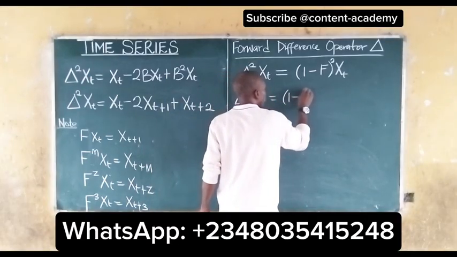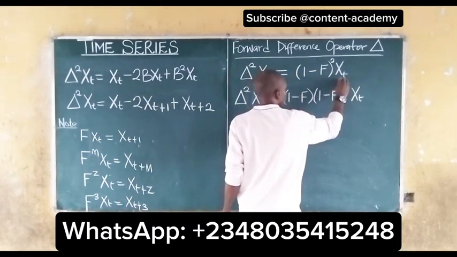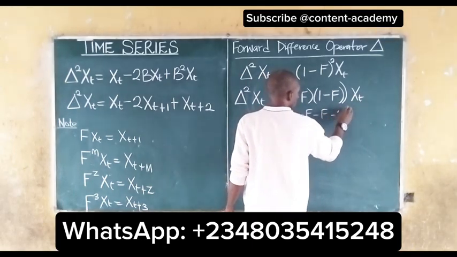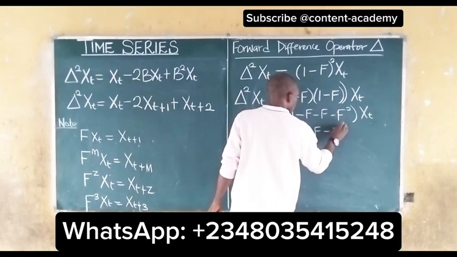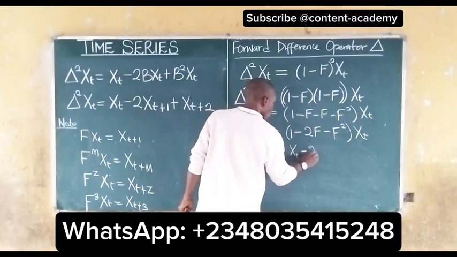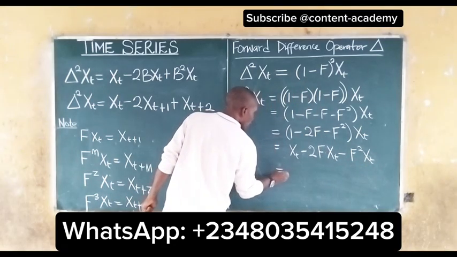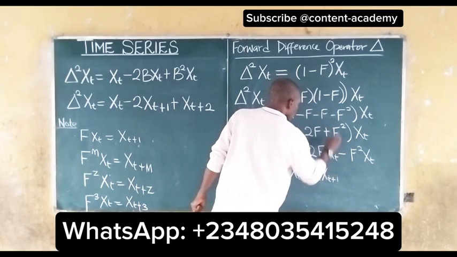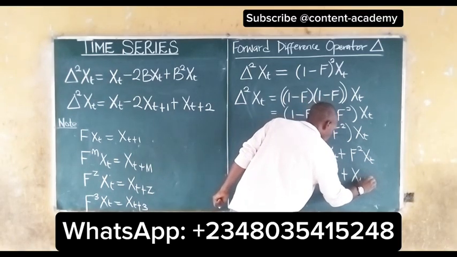The next thing to do is to open the brackets from the quadratic expansion, then Xt, which is the same thing as 1 minus F minus F plus F squared, which is the same thing as 1 minus 2F plus F squared, which is the same thing as Xt minus 2F Xt plus F raised to the power of 2 Xt, which is the same thing as Xt minus 2Xt plus 1, plus Xt plus 2.